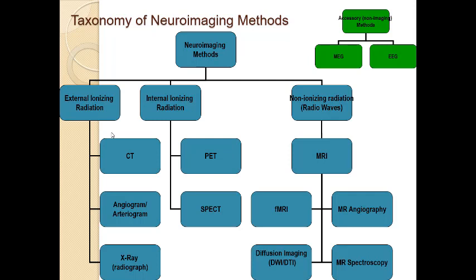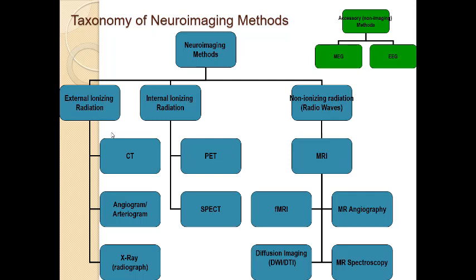So again, ionizing versus non-ionizing is the first major subdivision. And then we're going to talk about external versus internal, right? So external is when the ionizing radiation is applied externally. There's a source for the radiation that is basically shot at the body, and there's some sort of detector that is looking to detect what kind of ionizing radiation passes through the body or not.